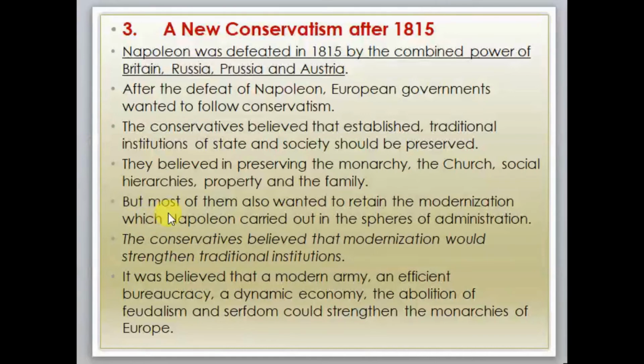Rather, most of them wanted to retain the modernization which Napoleon carried out in the spheres of administration. The conservatives believed that modernization would strengthen traditional institutions. It was believed that a modern army, an efficient bureaucracy, a dynamic economy, the abolition of feudalism and serfdom could strengthen the monarchies of Europe.